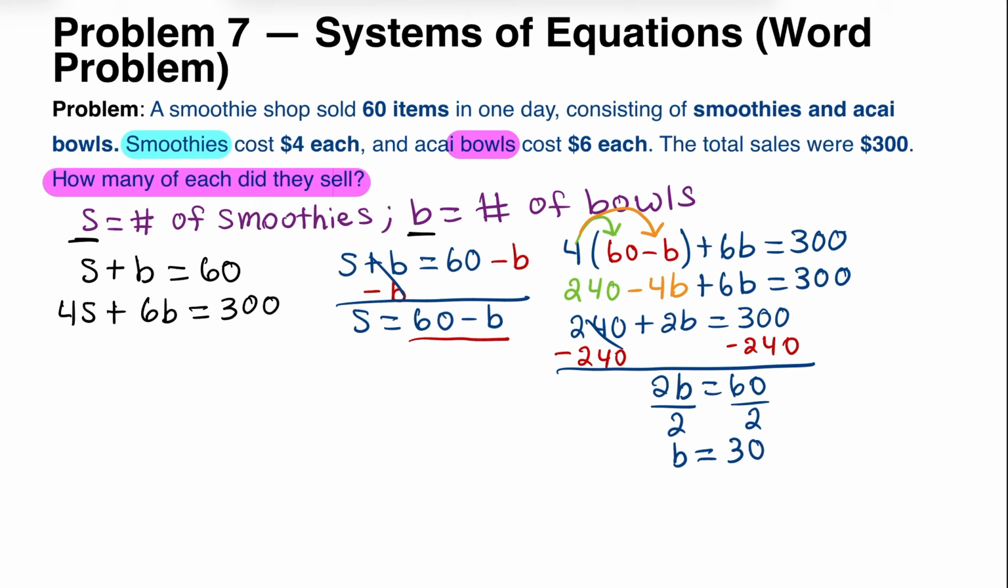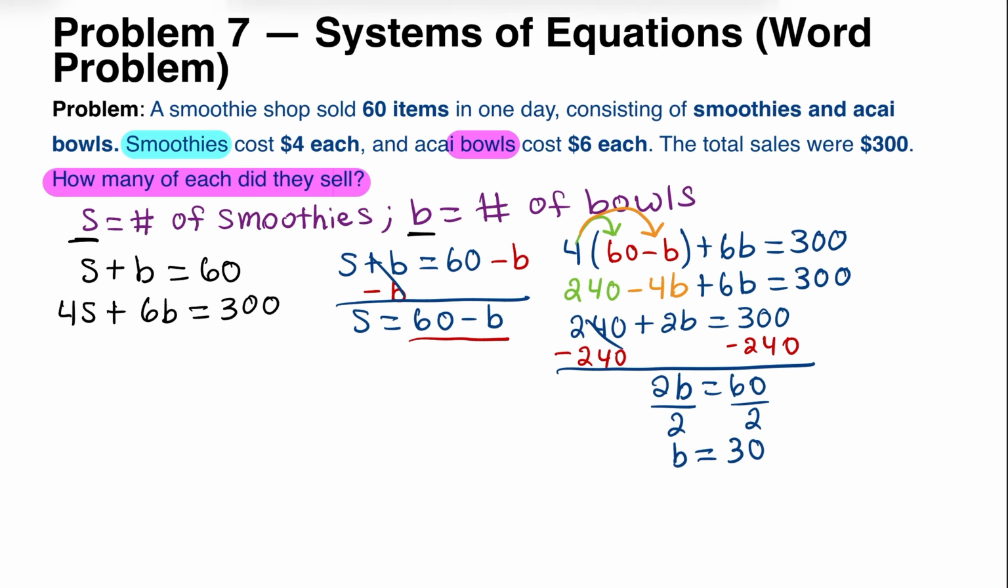Okay, so now we know that B equals 30, and since we know that, we can plug it back into the first equation, which you can see over here. So let's do that.